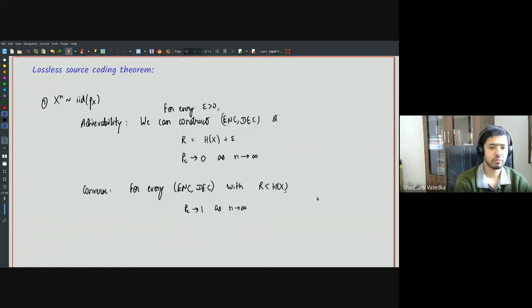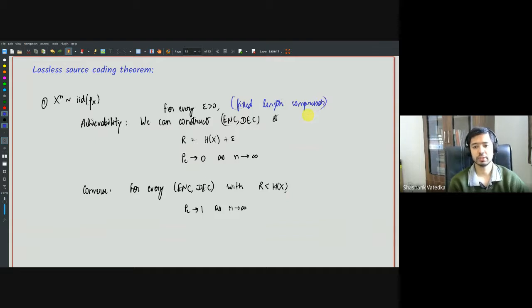What Shannon originally proved in his paper, while the proof that I gave is more modern and is for variable length compression, was that if you have an IID sequence, or in fact any stationary and ergodic sequence, then it is possible to construct a fixed length compressor for which the rate is arbitrarily close to the entropy or the entropy rate, and the probability of error vanishes with n.